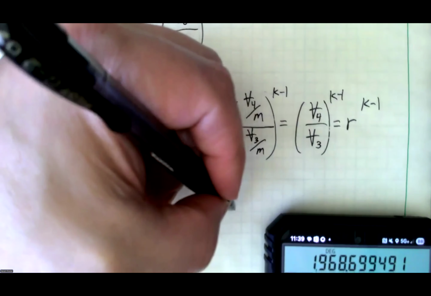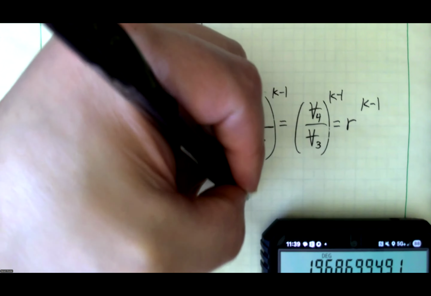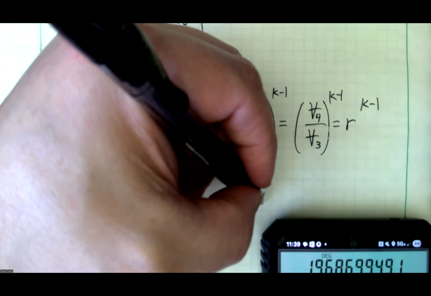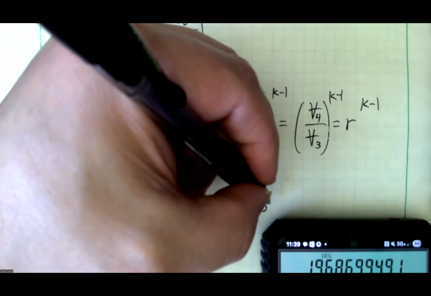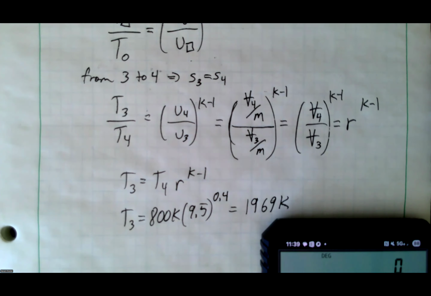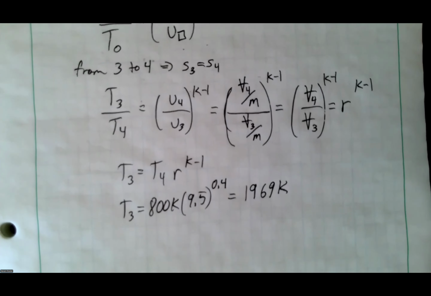Massive temperature. That's expected. This is after we've dumped a whole bunch of heat into it. 1,900 and roughly 70. We'll say 69 kelvins. Okay. That's going to be T3, at least our estimate based off the cold air assumption.